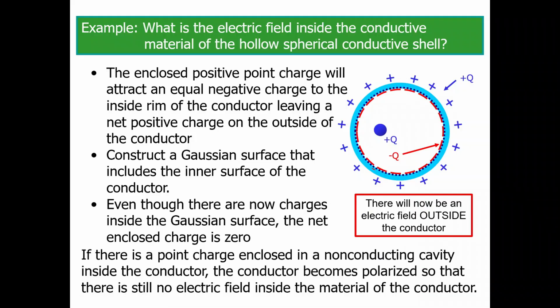But there'll now be an electric field outside, emanating outside, that was not there before. So if I was to put a Gaussian surface out here, I would be enclosing a positive Q's worth of charge because I've got a positive Q, negative Q, positive Q. The positive and negative for the conductor cancel, leaving me with still that enclosed positive Q. So that neutral conductor doesn't hide the charge from the world, but it redistributes the charges so that the electric field is still detected.